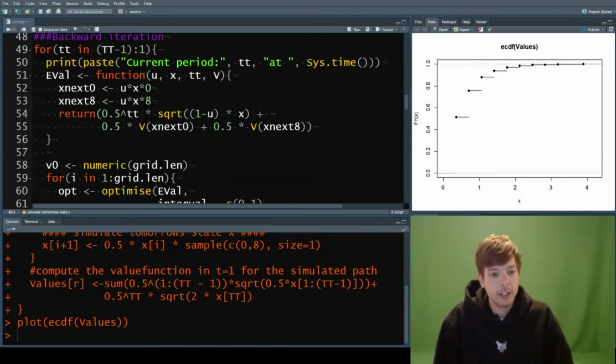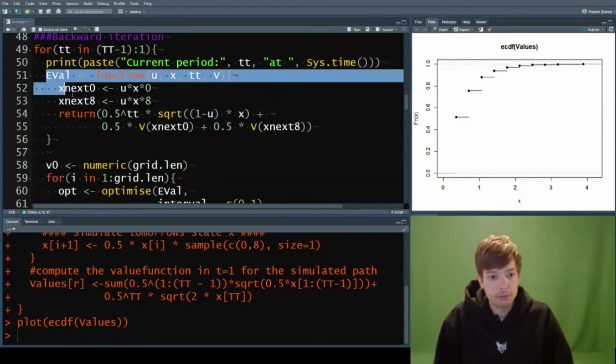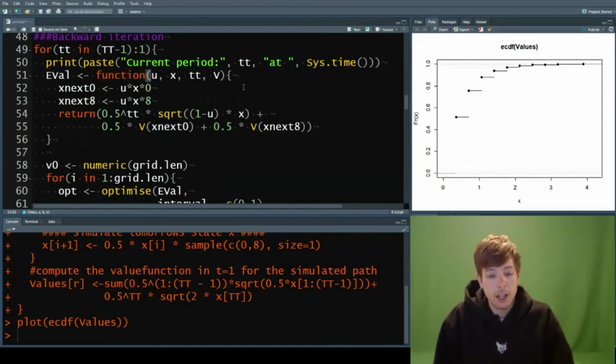Then we can set up our expected value as a function as well. And we know that we have a very simple stochastic structure in here. With 50% probability, we end up with nothing in the next period. With 50% probability, we end up with 8 times what we invested in the next period.